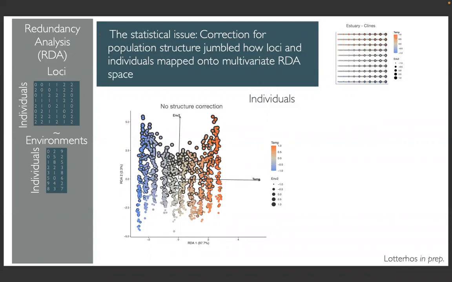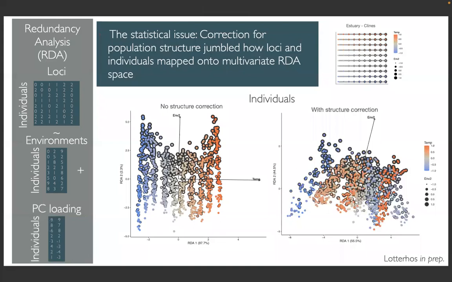So what's interesting here is that even though RDA is bad at outlier detection, individuals do map correctly according to their multivariate phenotype. And I can explain more why that is later. But with structure correction, it jumbles everything up. And so that's why in a multivariate context, correction for structure can make things even worse.